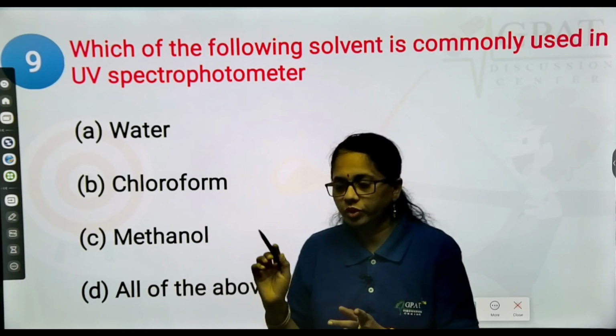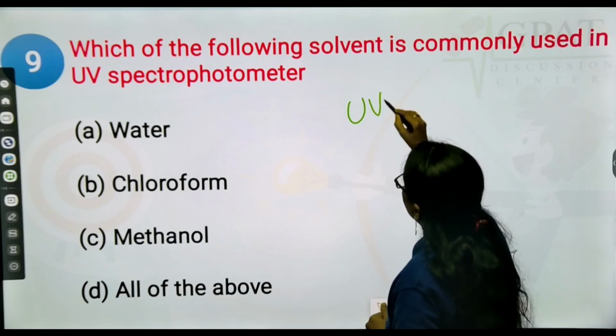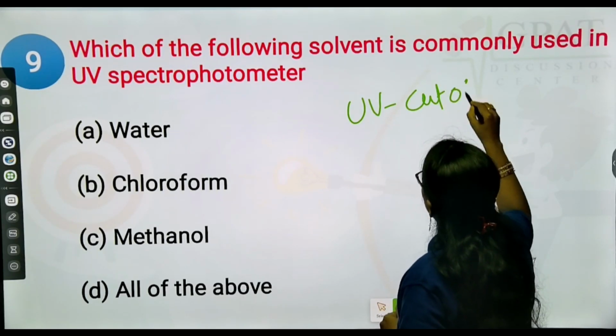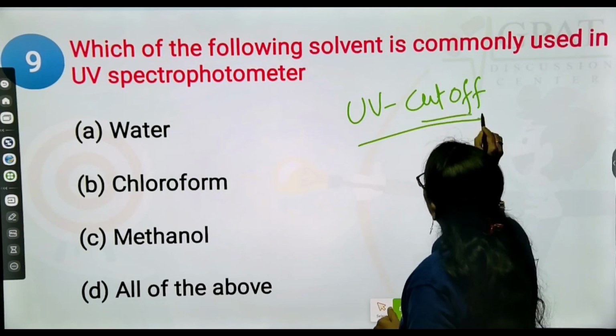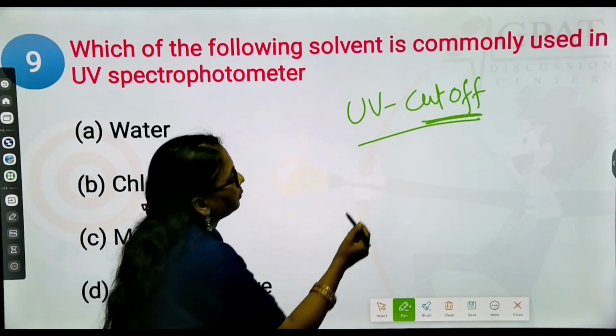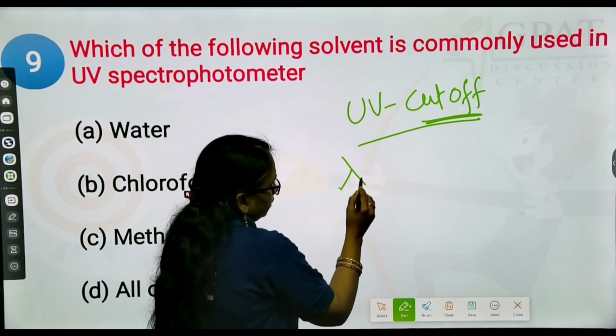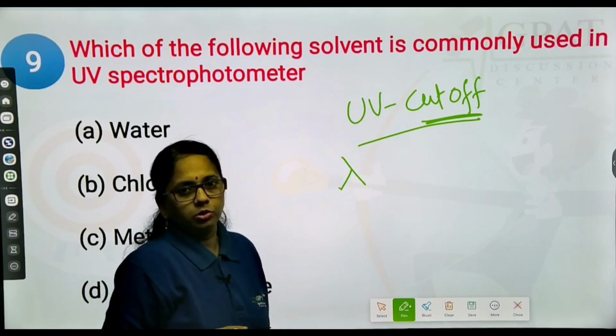UV cutoff is listed for many solvents. Okay, you are well aware of those terms. UV cutoff means the wavelength up to which the solvent has some absorbance.